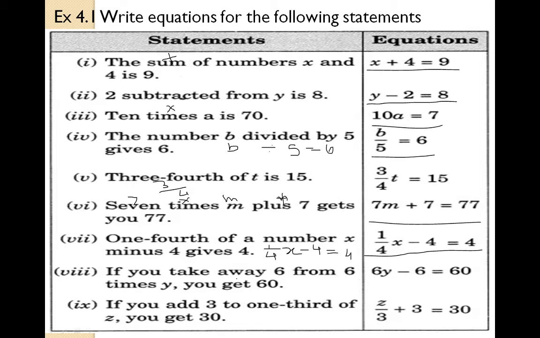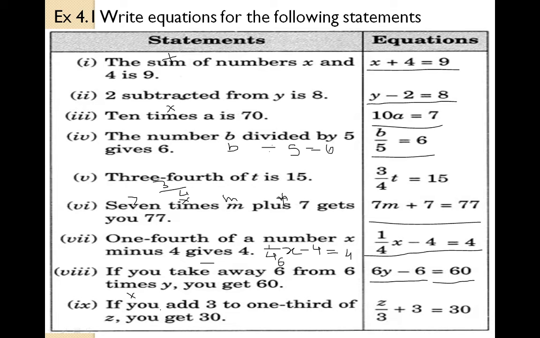If you take away 6 from 6 times y. If you take away, that means here we have to do subtraction, we have to subtract 6, but from 6 times y, that means 6 multiplied by y, so we have to subtract 6 from 6y. Look at here, 6y minus 6, you get 30.